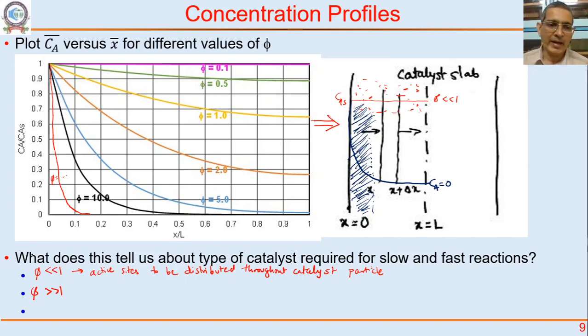So if my catalyst is costly, platinum let's say, I want that platinum to be distributed only here. There is no point in having platinum at these locations because there is no A coming there. This platinum is useless. There is no A coming on that active site because by the time A reaches there, it is all reacted.